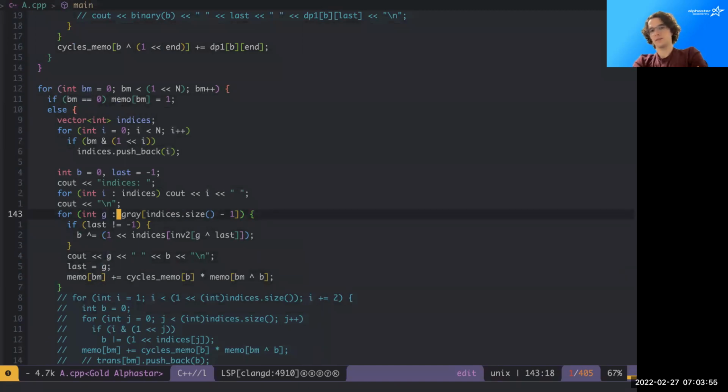Oh, but the issue is we're now looping over them, and wait, what is the issue here? That seems fine to me.